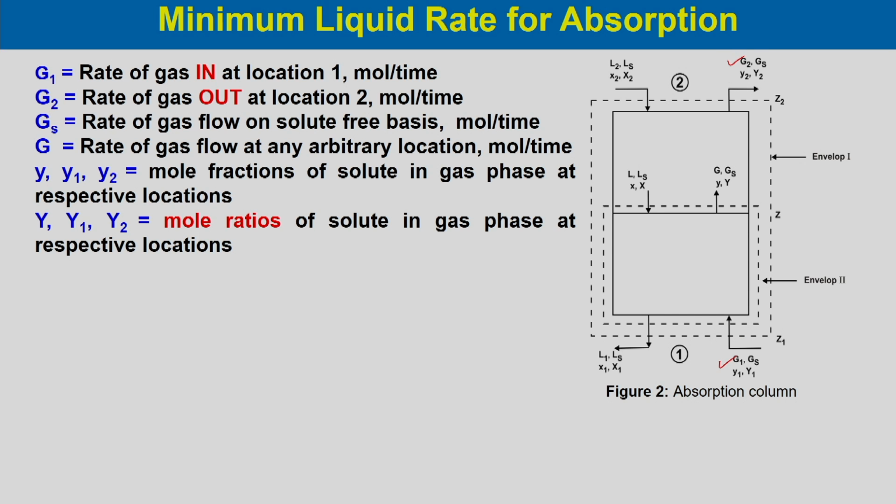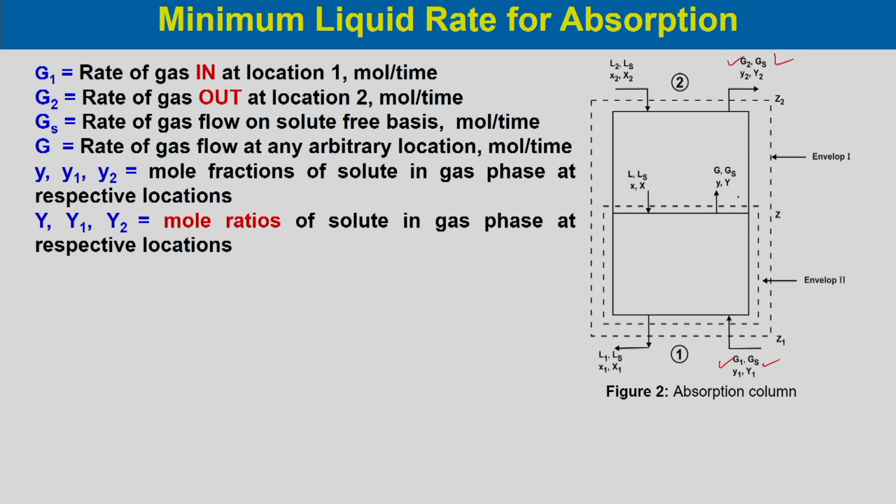Gs is the rate of gas flow on solute free basis, it is also in unit of mole per time. Then G is the rate of gas flow at any arbitrary location inside the column, in mole per time.